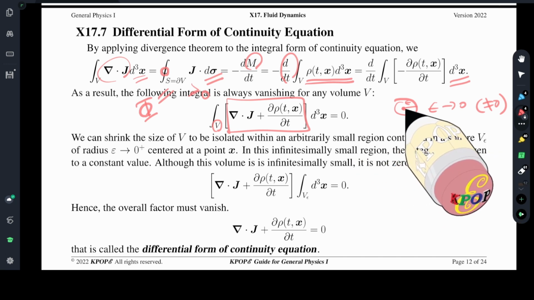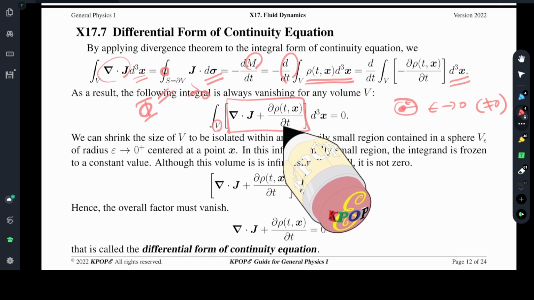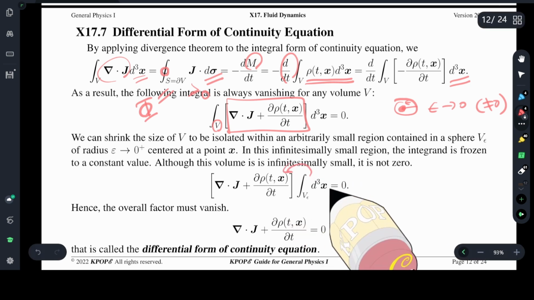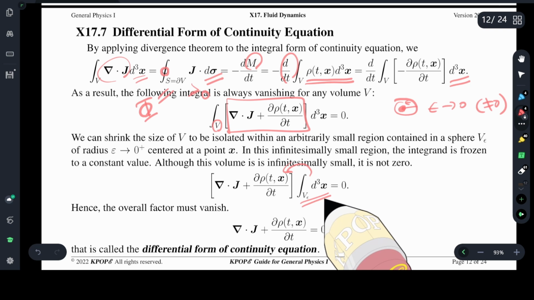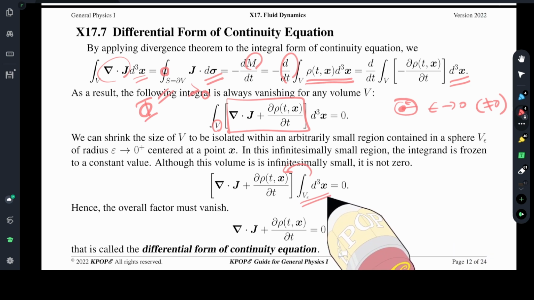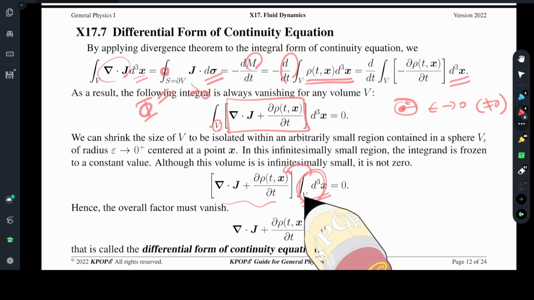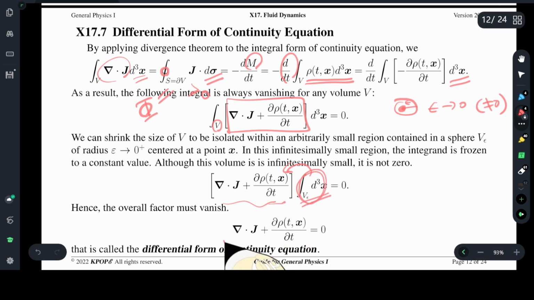Then in the small region, the integrand should be frozen to a constant value, so I can factor that out of the integral. But still, this region is very tiny, however it is not 0. This one multiplied by an arbitrary non-zero value is vanishing. That means that this one is vanishing. That is the differential form of the continuity equation.